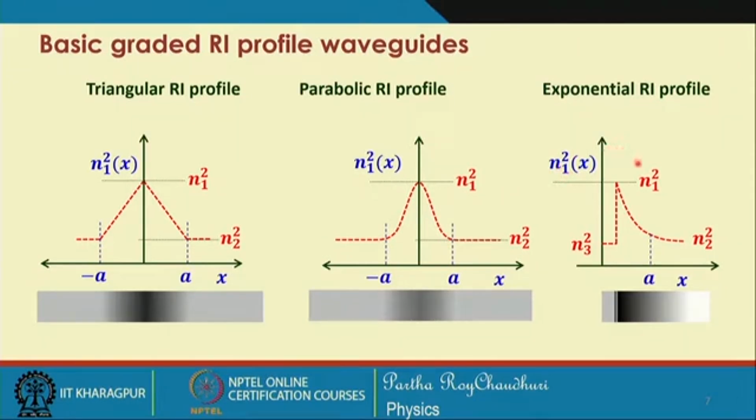Then you have an exponential profile. It has the highest refractive index n 1 square, and this is an asymmetric profile. On one side it falls suddenly, a step profile, to n 3; on the other side it has an exponential drop of the refractive index, and this is a very useful structure in integrated optics.